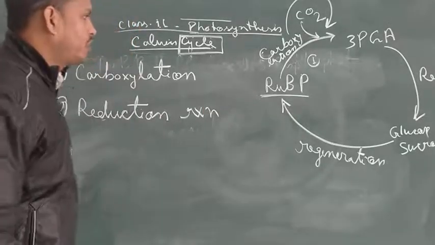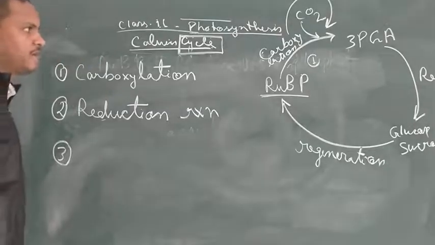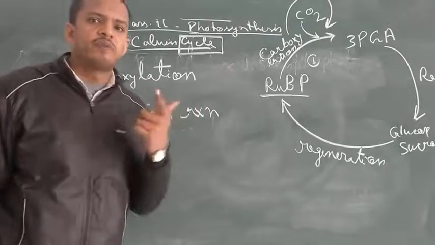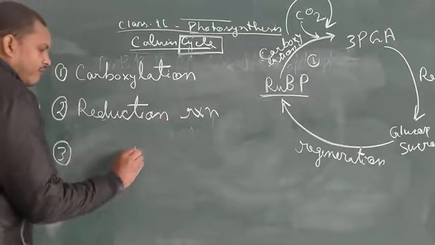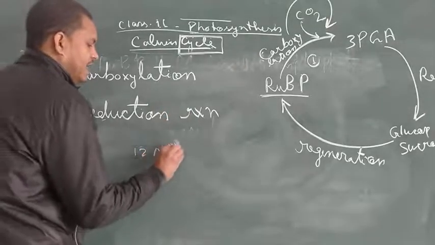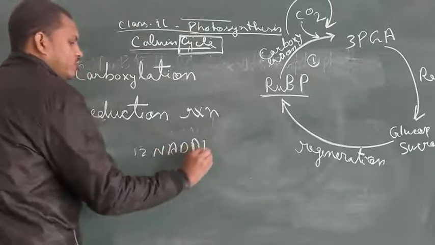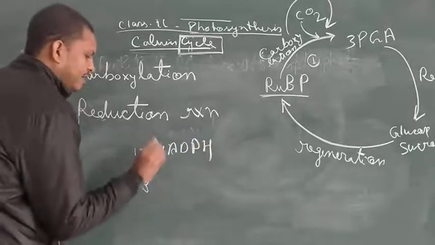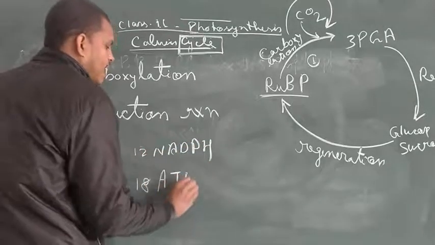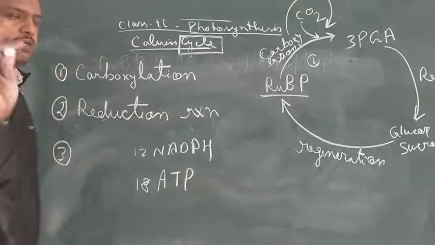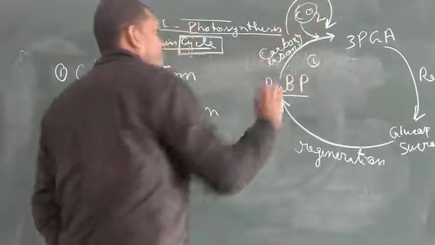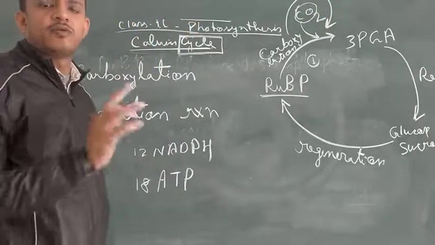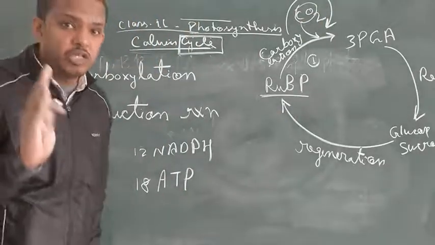Now the thing that we need to notice here in the reaction, if you remember, initially I mentioned that there is involvement of 12 NADPH and 18 ATP. How do I recognize this? Now listen. At a time a single molecule of carbon dioxide is accepted in each cycle.